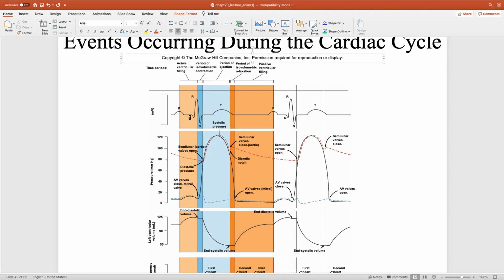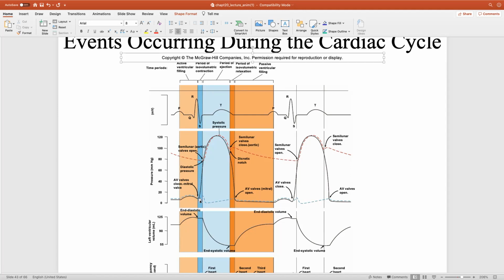If we look at the P wave right here, and then the next waveform we see is a QRS. The QRS is a sign of ventricular depolarization. So we have this huge QRS complex right here, halfway through in the R phase. What we're going to then do is we've stimulated the left ventricle, and now it's going to start to contract.